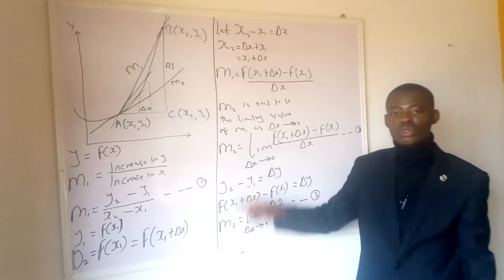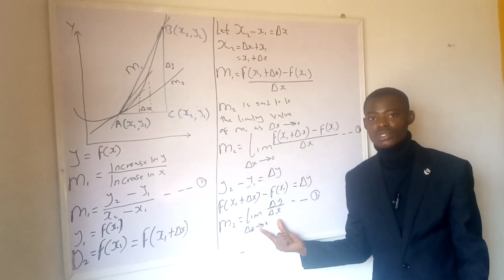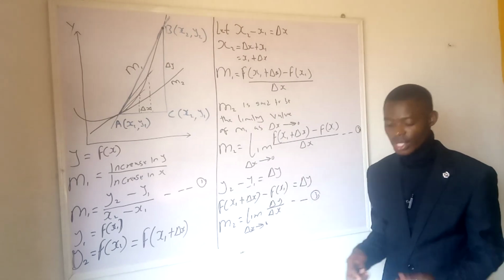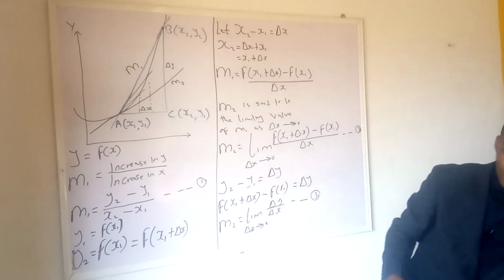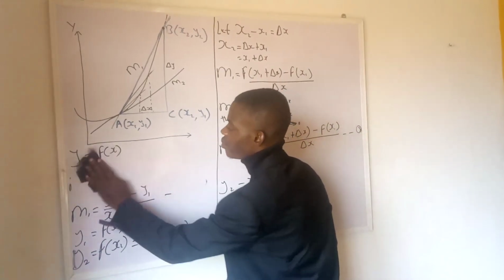But M2 is equal to M2. Either you use this approach, you will get the same answer as using this approach. So since they are equal, I'm going to set these equal to this. Okay, and I'm out of space. Let me get rid of some thoughts. Okay, hope you're following. The next section.